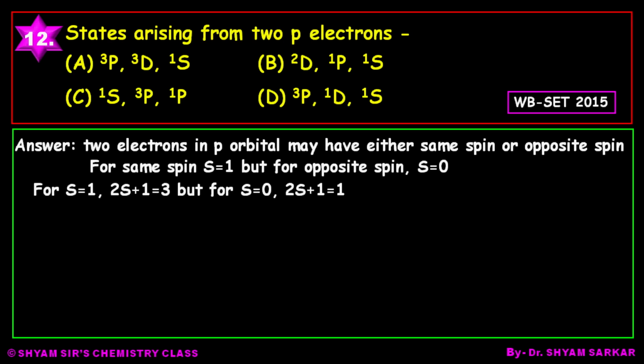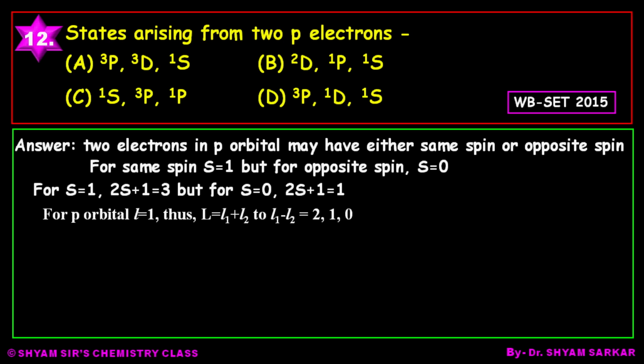Okay. Now see, for p orbital, small l equal to 1, thus capital L will be l1 plus l2 to l1 minus l2. So there will be 3 values of L: 2, 1, 0. If you put small l1 and l2 here, you will get 3 values of L, that is 2, 1, 0.